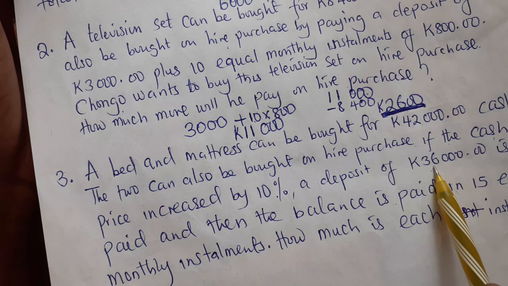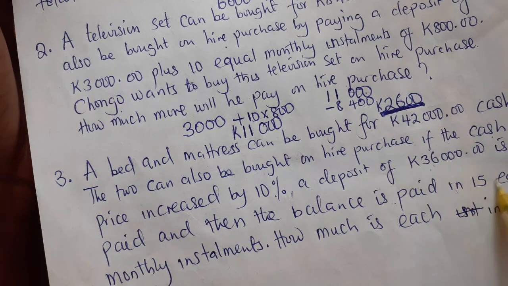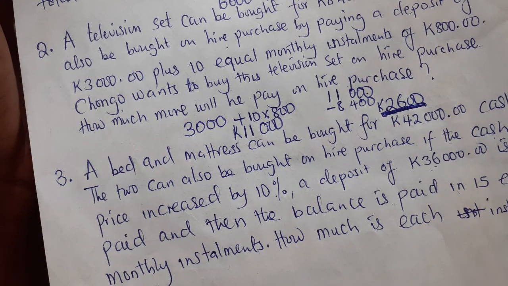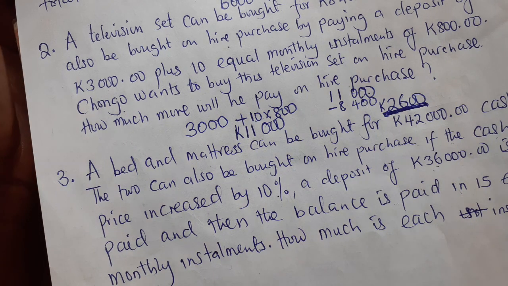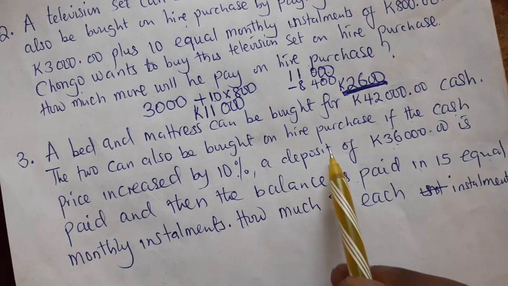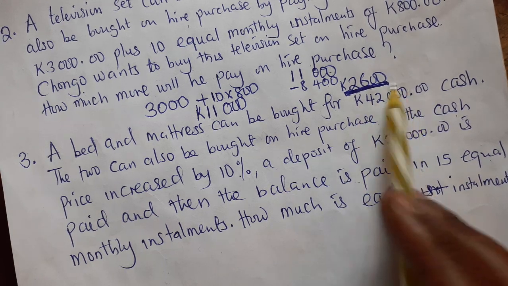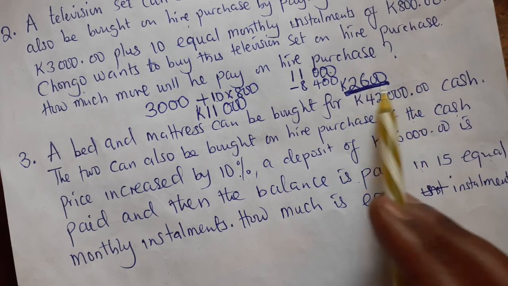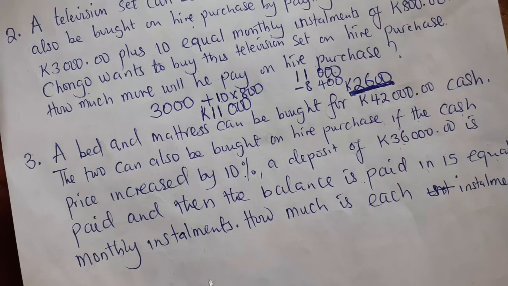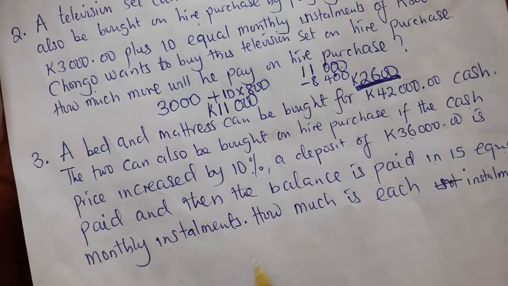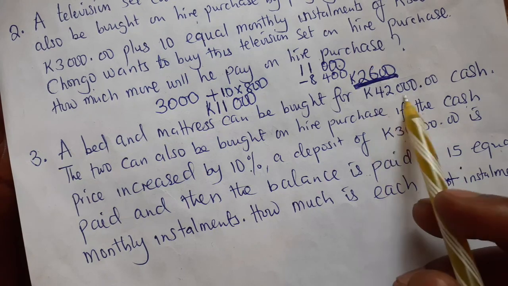Then what will remain is supposed to be paid in 15 equal installments. Okay? So let us increase this amount by 10%.